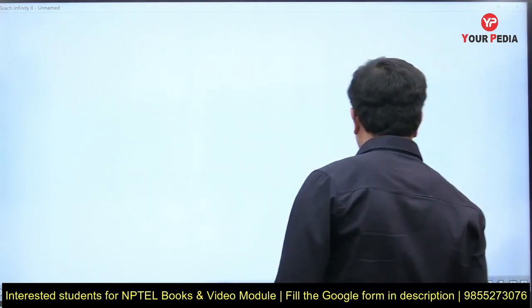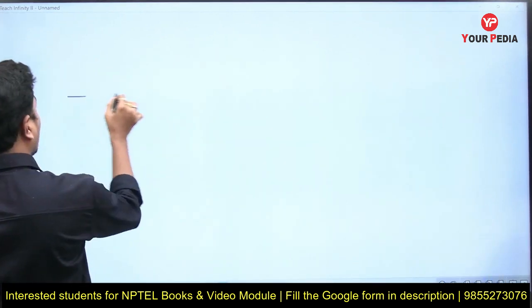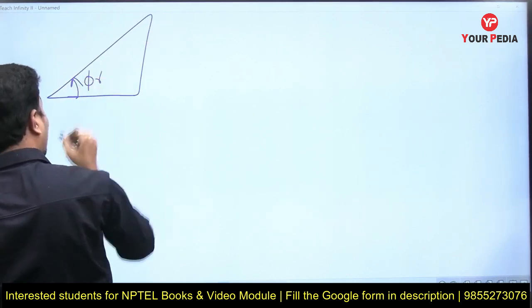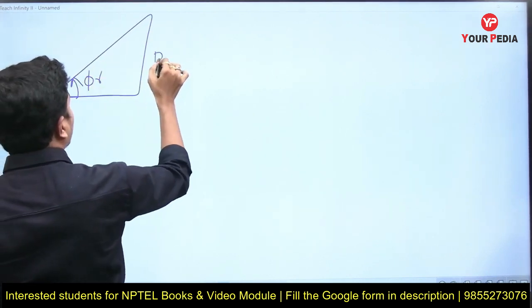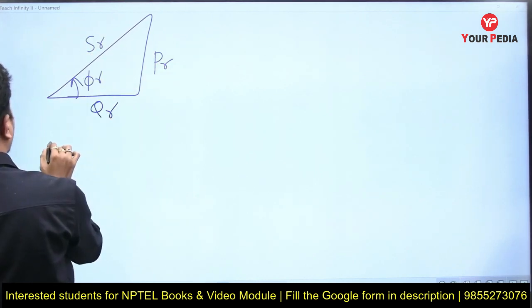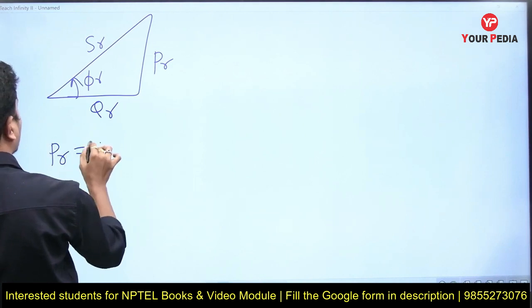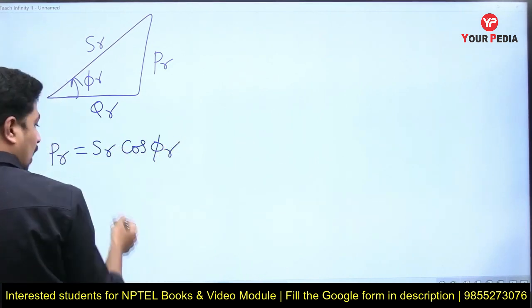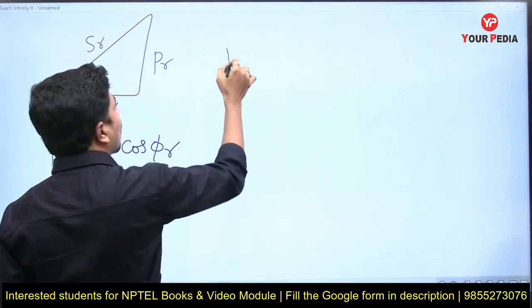Go with this triangle, power triangle. So this is phi R, receiving end power factor angle. This will be PR, this will be QR, and this will be SR. So what is PR? PR is equal to SR cos phi R, means to SR apply the cos, we are going to get PR.